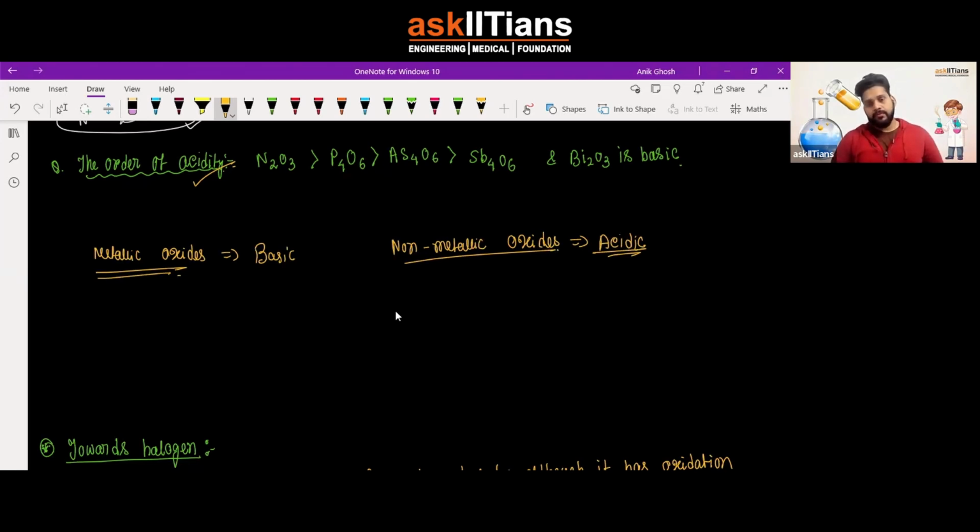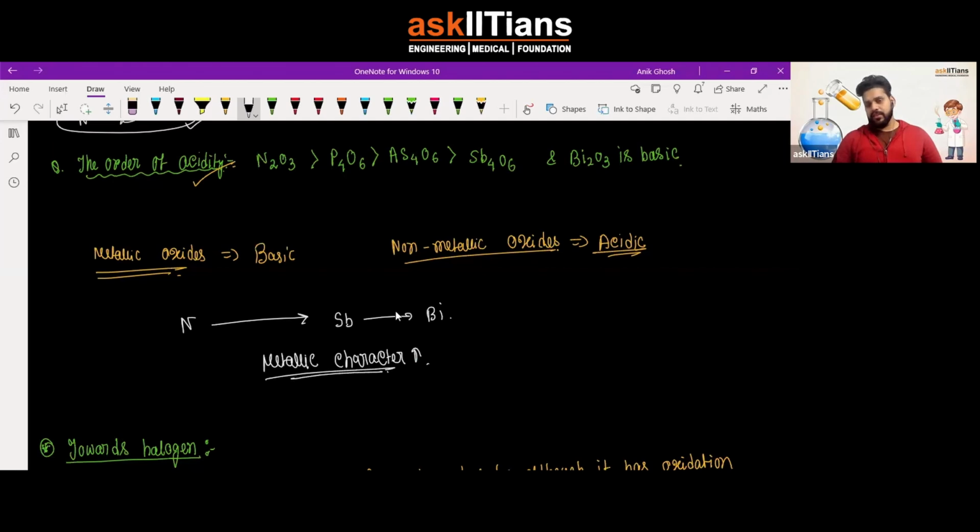Now, as you see, from nitrogen to antimony to bismuth, the metallic character is increasing, right? It's becoming more and more metallic here.